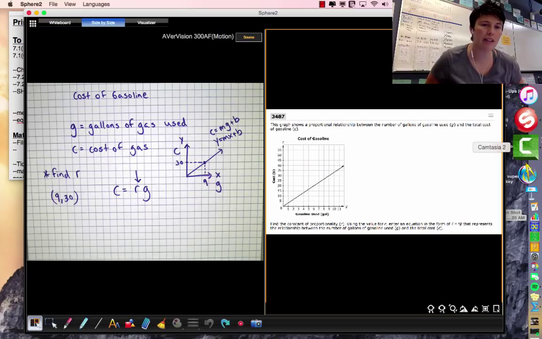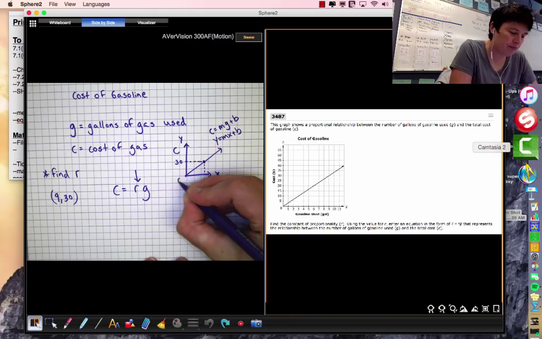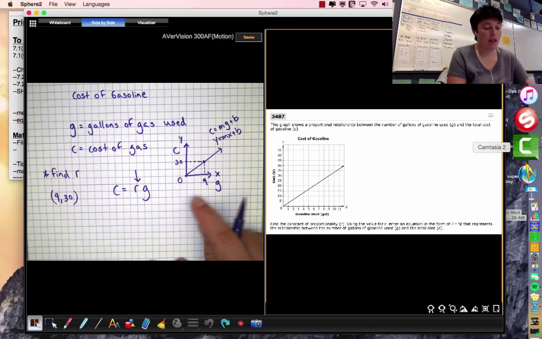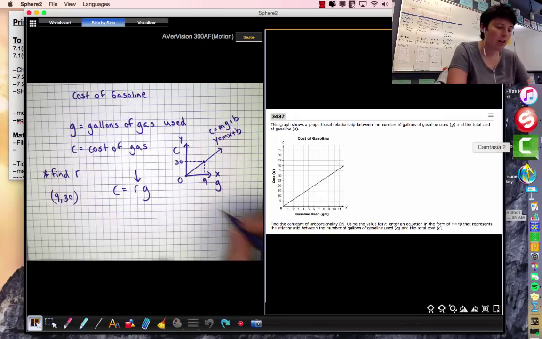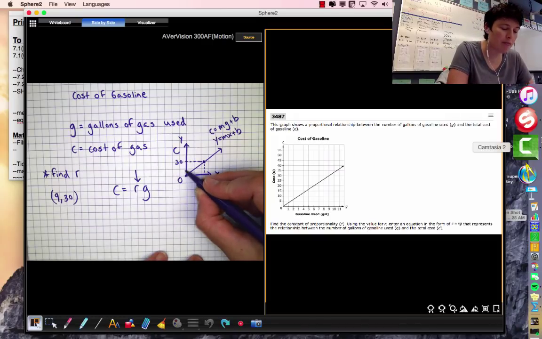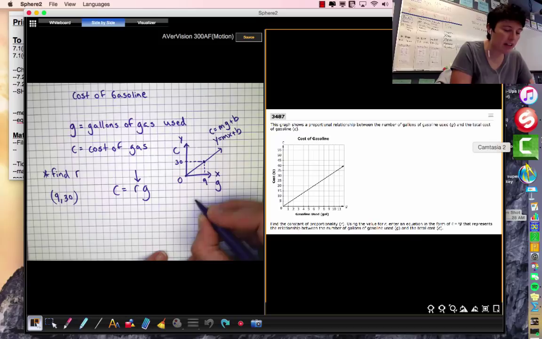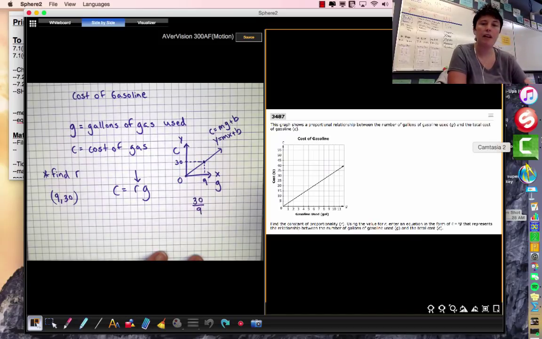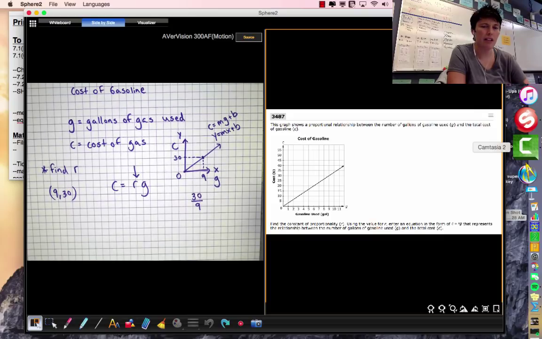Okay, so how is this going to help me? Well, if it starts at 0, and we know that we're supposed to find y equals mx plus b, it looks like it goes up 30 over 9. It looks like it has a growth of 30 over 9. Now 9 doesn't fit into 30 evenly, does it?